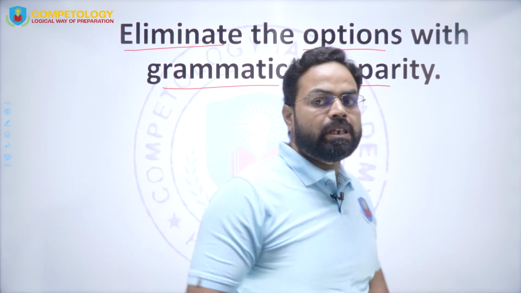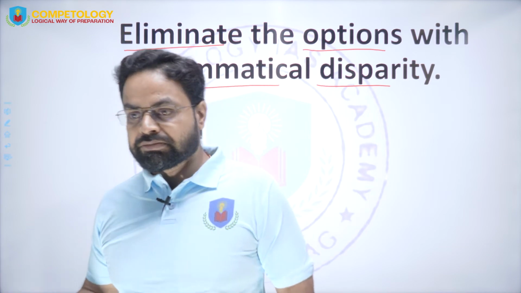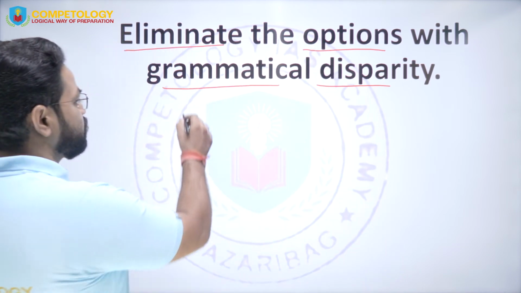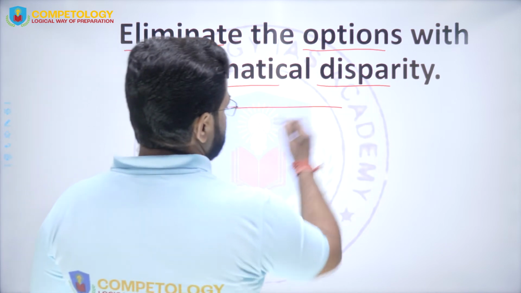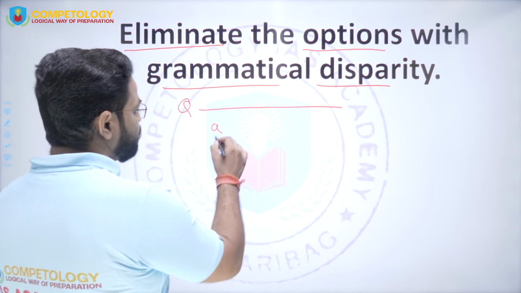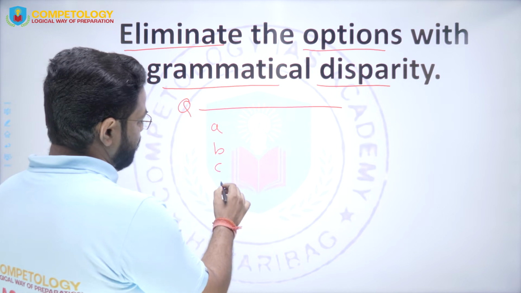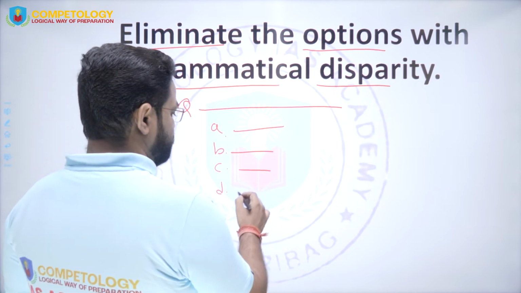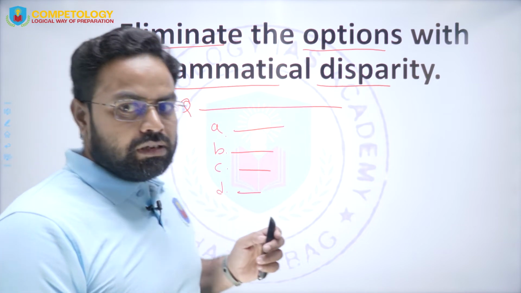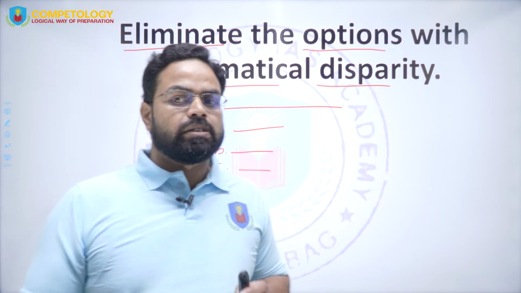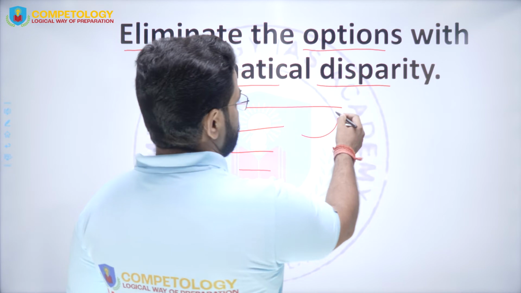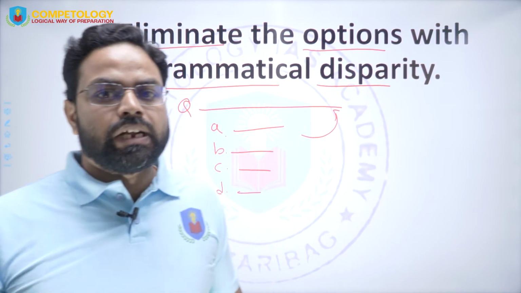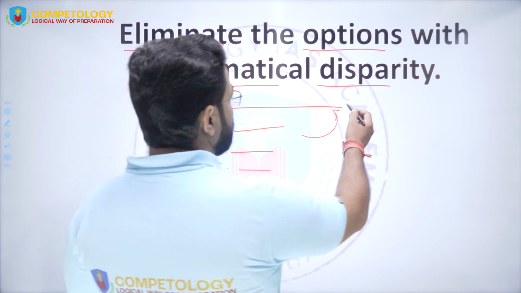Next is eliminating the options with grammatical disparity. So what grammatical disparities are there? In many of the cases what you will find is that there is a question in which there is some kind of statement and there are 4 options, and what happens here, the options in which the correct answer does not lie do not correlate with the type of grammar, the context of grammar that has been used in the question.